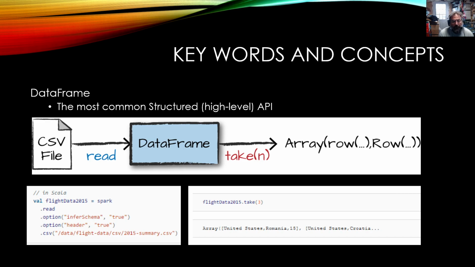Header is true. So that basically tells you that we're reading a CSV file, because that's what the last operation is, at a certain location, and we're figuring out what the data types of the columns are based upon a sampling of the data. You probably don't want to do that if it's a whole lot of data that you're continually doing, but there's sometimes value in being able to figure out what the schema is on the fly.